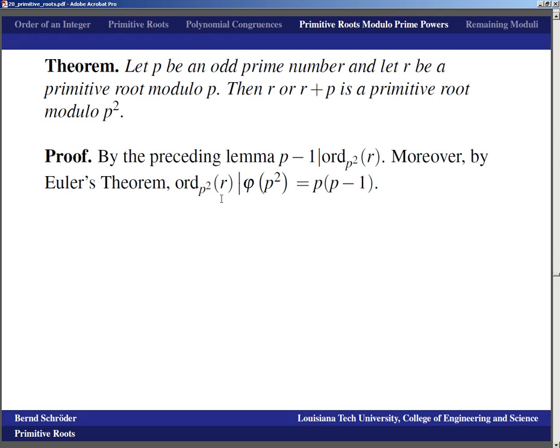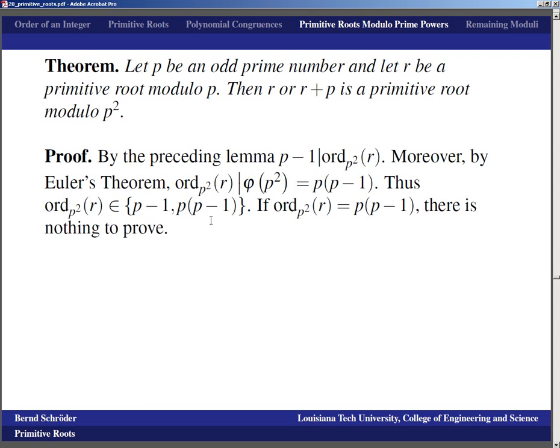And by Euler's theorem, the order of r modulo p squared divides phi of p squared, and phi of p squared for an odd prime number p is p times p minus 1. That means that the order of r modulo p squared is one of two numbers. It's either p minus 1 or p times p minus 1.